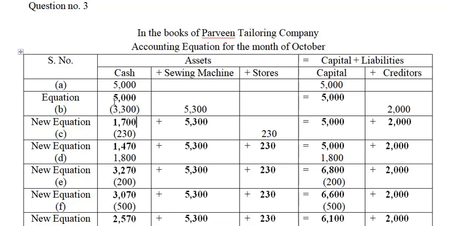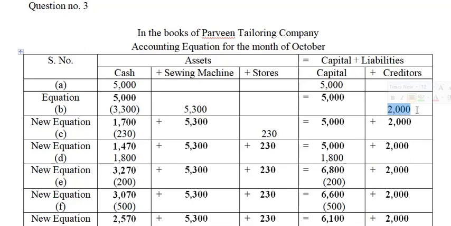Similarly, out here, out of this 5,000, 3,300 will be subtracted. And here we have already written 5,300. So here 3,300 is being decreased, but the balance amount was on credit. So here you will write creditors because the creditors are increasing now.